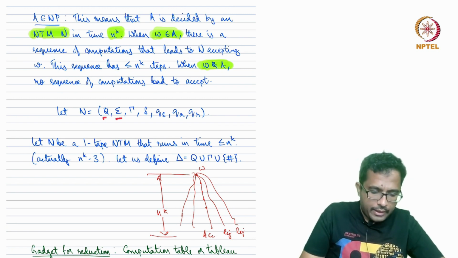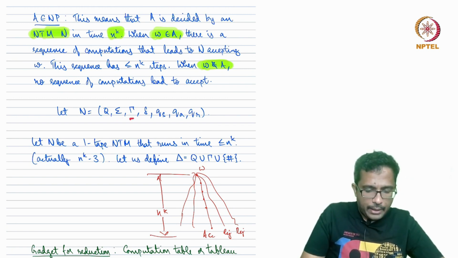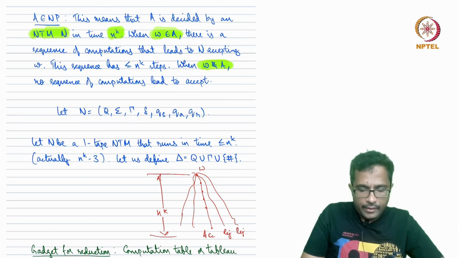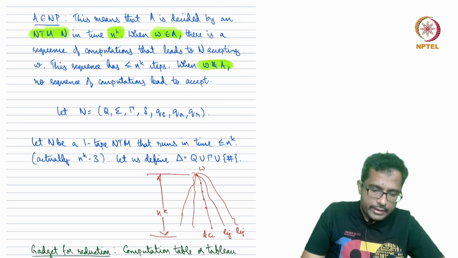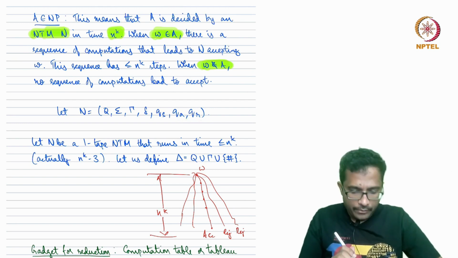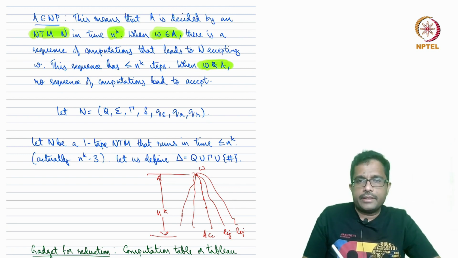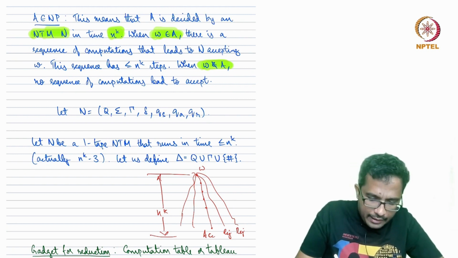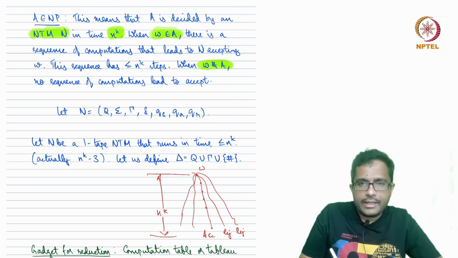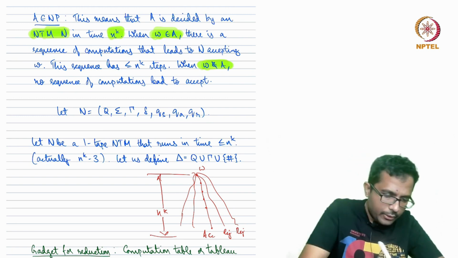Q is a set of states, sigma is the input alphabet, gamma is the tape alphabet, delta is the transition function, Q start is the starting state, Q accept is the accepting state, and Q reject is the rejecting state. Further, we will assume that N is a one-tape non-deterministic Turing machine that runs in time n^k, where n denotes the length of the input.